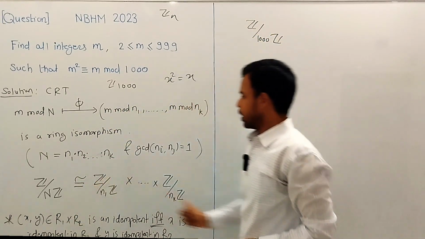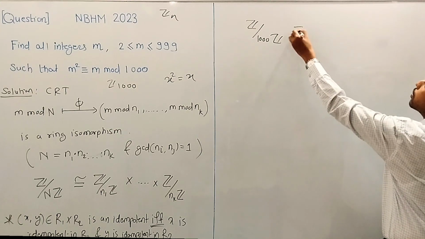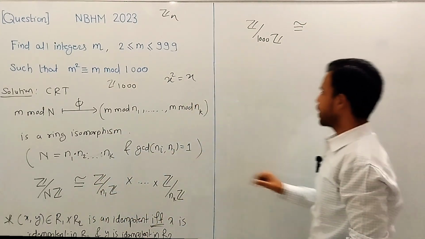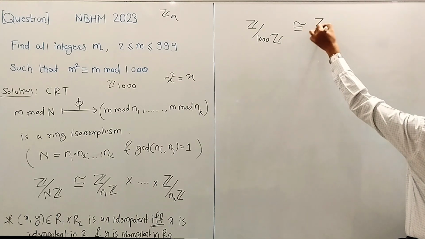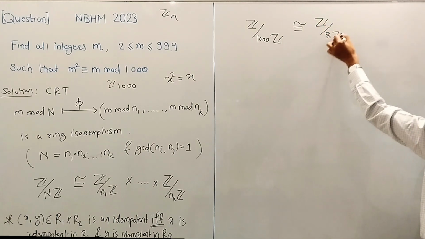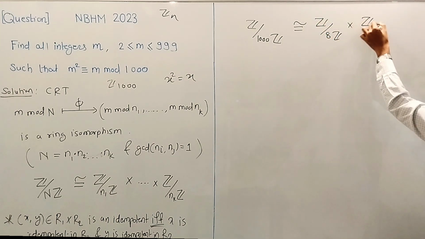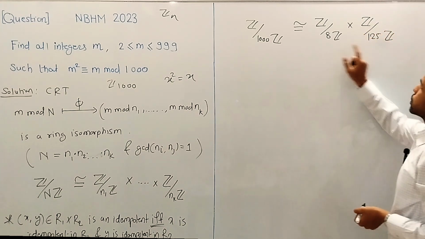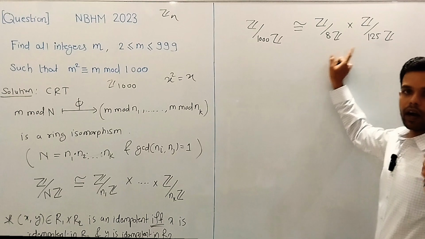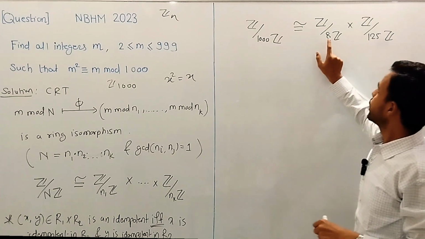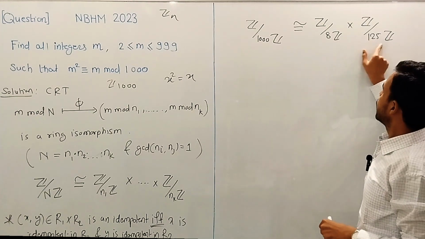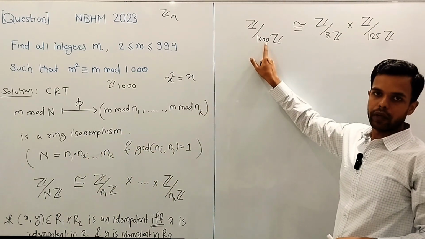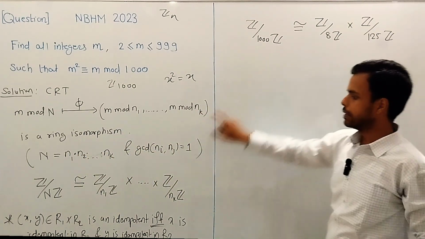By the Chinese remainder theorem, this ring is isomorphic to the direct product of the rings Z/8Z times Z/125Z, because 8 and 125 are prime powers, they are relatively prime, and their product is 1000. So this is by the Chinese remainder theorem.